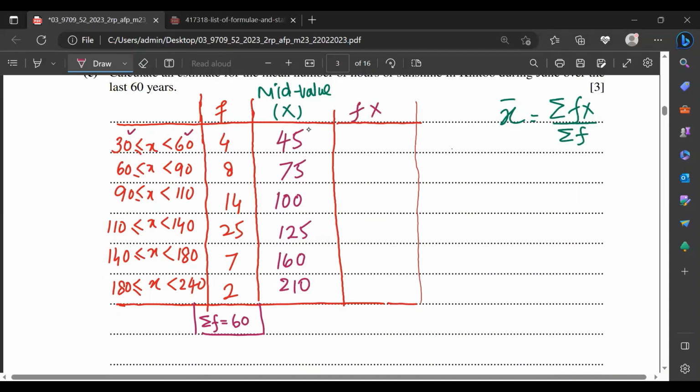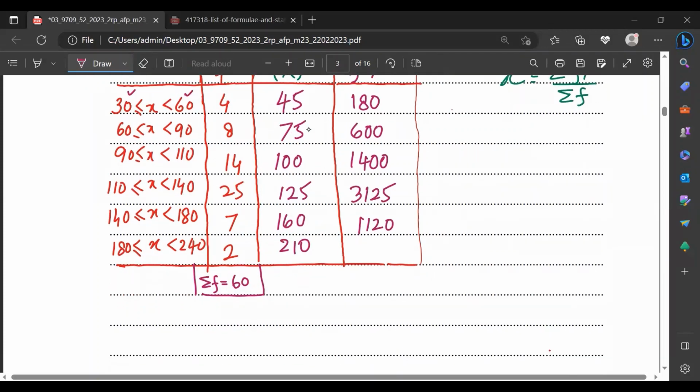Fx means multiply the two entries: 4 times 45 is 180. Next, 75 multiplied by 8 is 600. 100 multiplied by 14 is 1400. 125 multiplied by 25 is 3125. 160 multiplied by 7 is 1120, and 210 multiplied by 2 is 420.